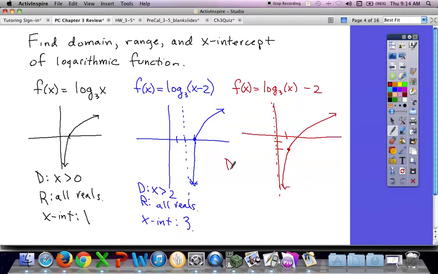Okay, the domain is still x greater than 0, right? We didn't move the asymptote, so it didn't change the domain. So x greater than 0. The range is still all reals. Okay, and then the x-intercept. Again, we would have to substitute 0 here.